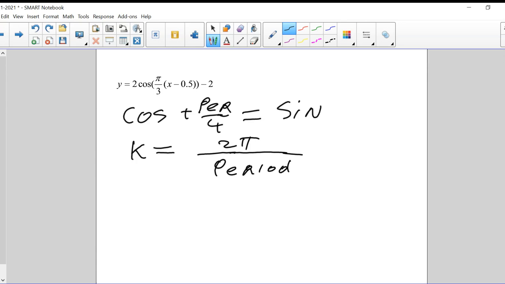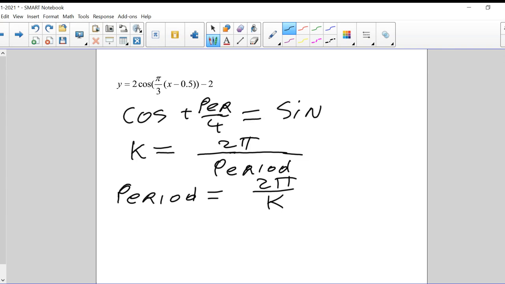So if we had the period, we took 2 pi divided by the period, we get the k. Turns out, if you look at this algebraically, we could exchange the period and the k. So in other words, the period is equal to 2 pi divided by the k. So it actually works both ways. If I start off with the k, and what I want is the period, I could take 2 pi divided by the k and get the period.